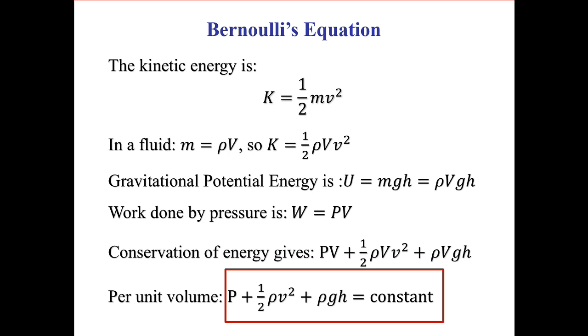So if we want to find an amount of energy per unit volume, we can just divide all of these forms of energy by the volume and get pressure plus 1/2 rho velocity squared plus rho gh, and that must all be equal to some constant as long as the volume remains constant. We can use this formula, called the Bernoulli equation, to see how the pressure changes in a fluid depending on the situation.